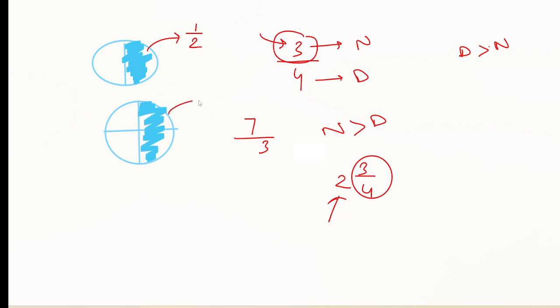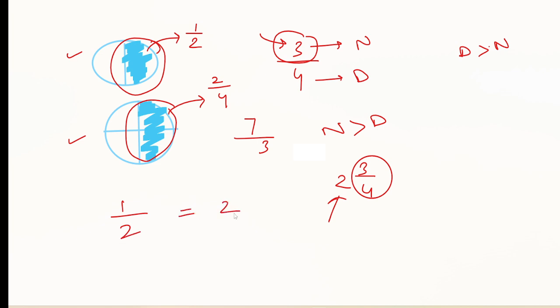This time the fraction for the shaded part is 2/4, right? But if you look at the picture, suppose these two are the exact same circle, the region shaded in both of them is equal, right? So 1/2 is equal to 2/4.